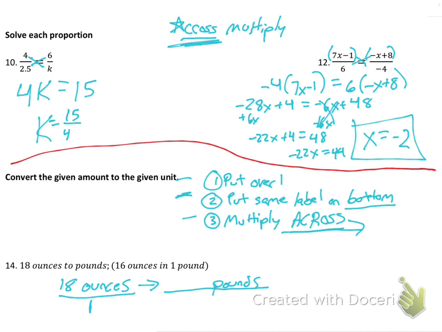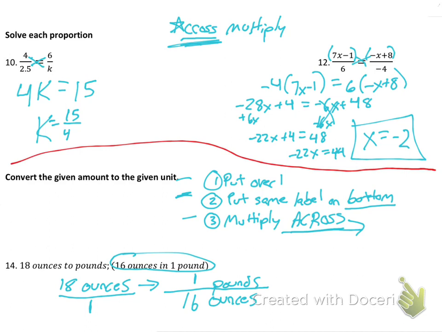I'm going to put this same label, ounces, on the bottom here. Then I'm going to use what's given to me, 16 ounces and 1 pound. So 1 pound is 16 ounces. And then I'm multiplying across, from left to right.